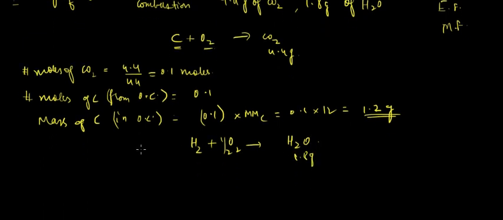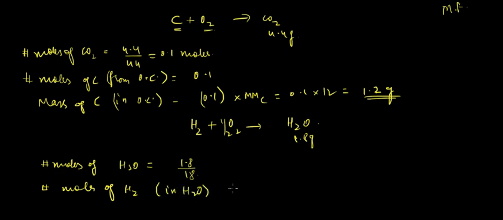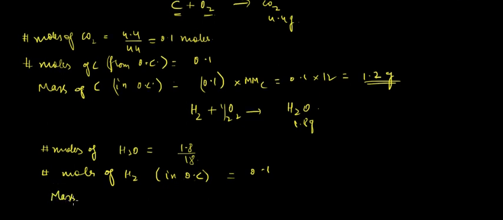So number of moles of H2O present would be 1.8 upon 18. So number of moles of H2 in H2O, or rather in the organic compound, would also be 0.1, and mass of H2 in the organic compound would be 0.1 into molar mass of H2, which is 2, hence 0.2 grams.